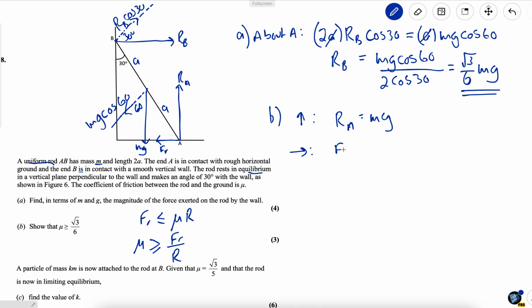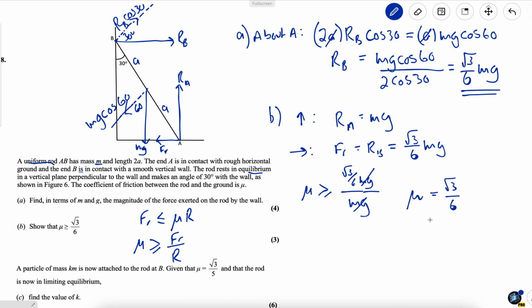So friction is equal to RB, and we know that already, that's root 3 over 6 mg. So that means mu must be greater than or equal to root 3 over 6 mg divided by reaction mg. So mu must be greater than or equal to root 3 over 6.